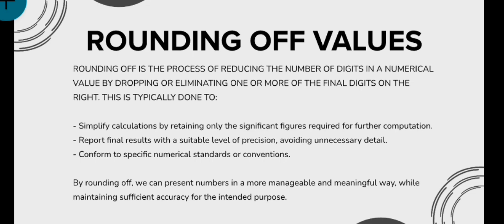This is typically done to simplify calculation by retaining only the significant figures required for the computation, report final results with a suitable level of precision, avoiding unnecessary detail, and conform to specific numerical standards or convention. By rounding off, we can present numbers in a more manageable and meaningful way while maintaining sufficient accuracy for the intended purpose.